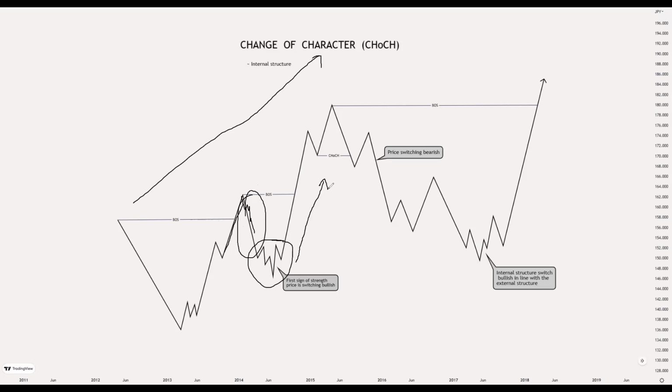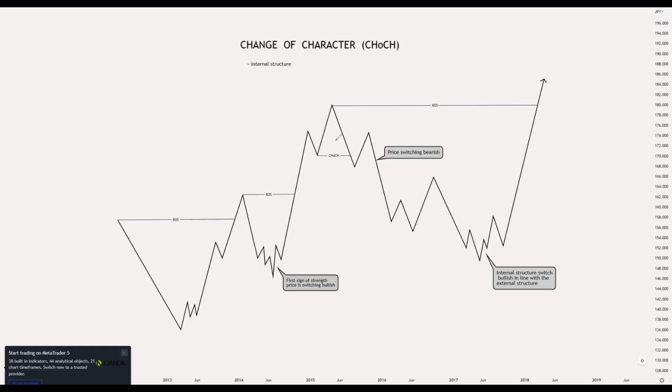Now I'll probably recommend, even though it depends on where you are, that most of the time you take trades where both internal structure and external structure are aligning. Because when the price is pulling back, for example, this is a pullback from here to here, when you enter somewhere here, you're not asking too much of the price.